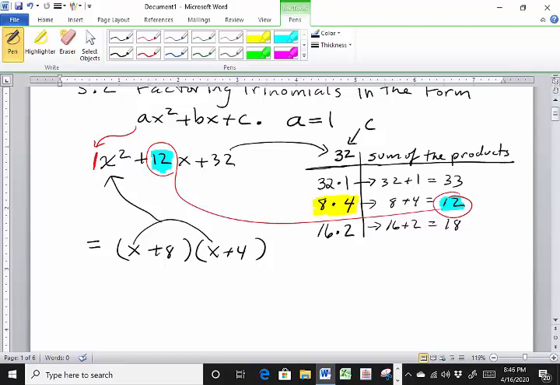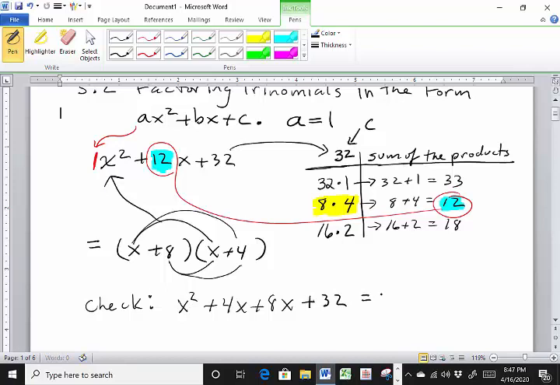So let's just check this to see if it's correct. Let's continue on with distributive law. So x times x gives me x squared. X times 4 is 4x. 8 times x is 8x. And 8 times 4 is 32.